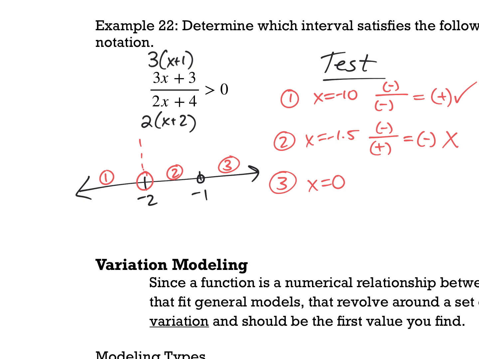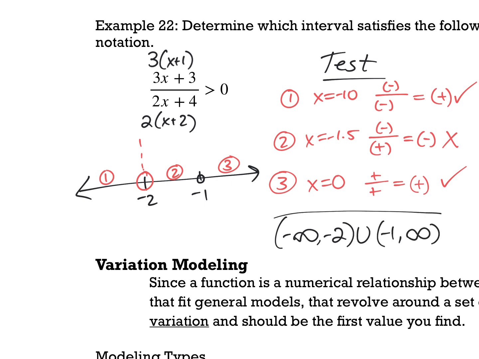It's just the easiest. I end up with a positive value. So that means we will include the first and third intervals in our solution. The first interval, -infinity to -2, in union with -1 to infinity.